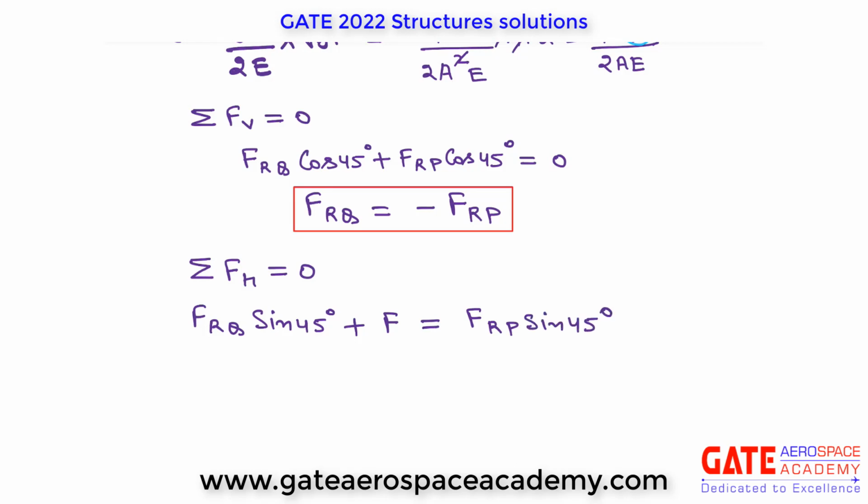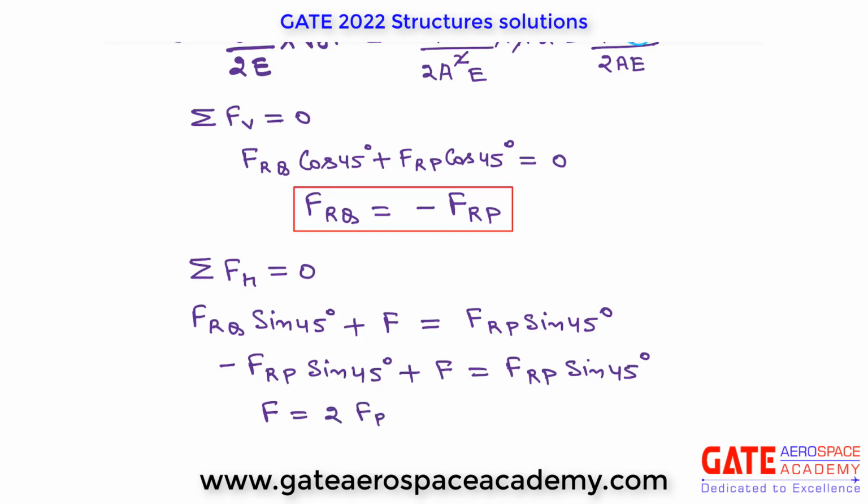So FRQ is equal to minus FRP, so we can substitute here minus FRP sin 45 plus F is equal to FRP sin 45. So we got F is equal to 2 FRP sin 45.